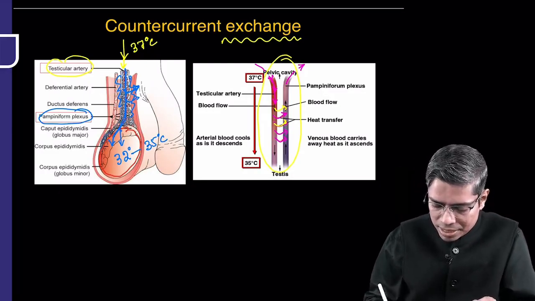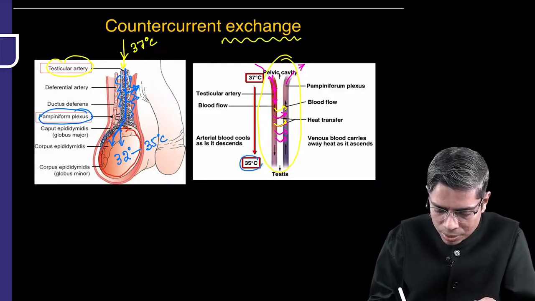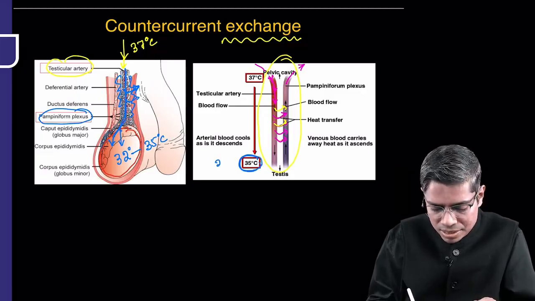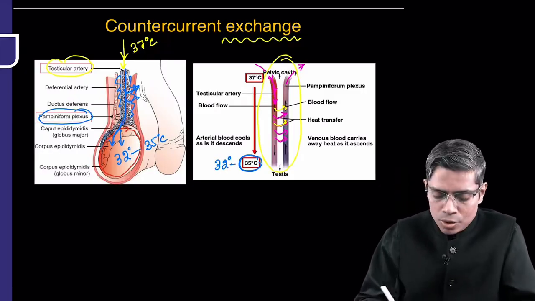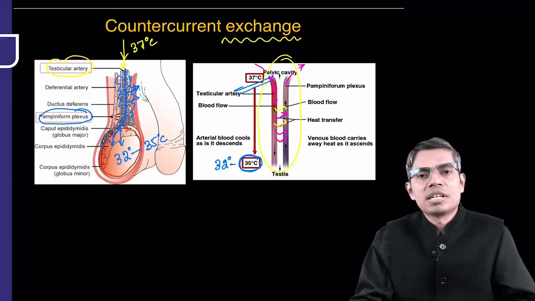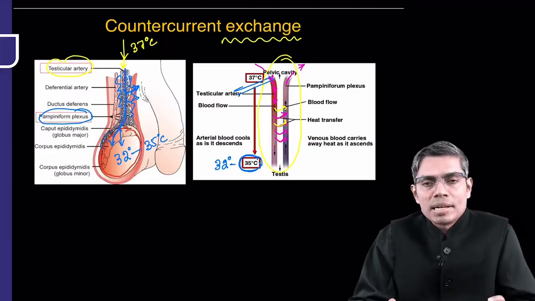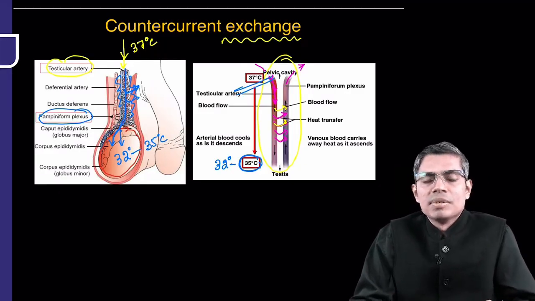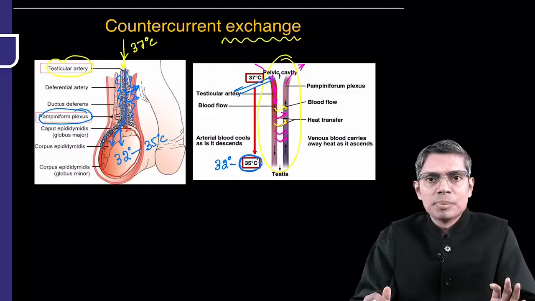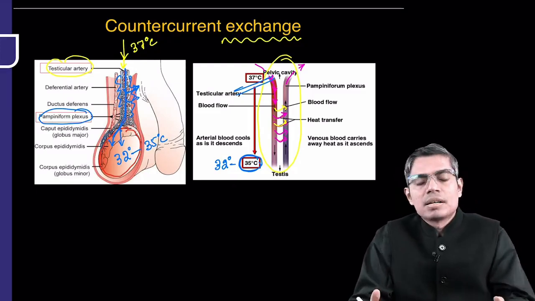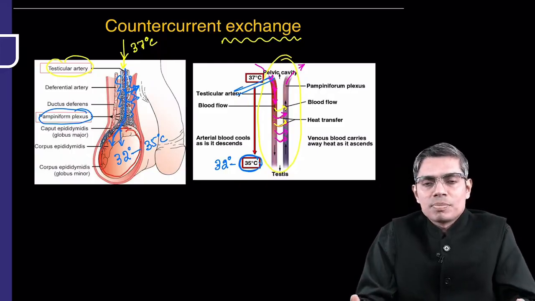Because of this counter current exchange system, the temperature inside the testis remains 32 to 35 degrees centigrade, which is lower than the core body temperature, and this lower temperature is helpful for sperm production, right? So you have to remember why this counter current system is important for sperm production, or spermatogenesis.